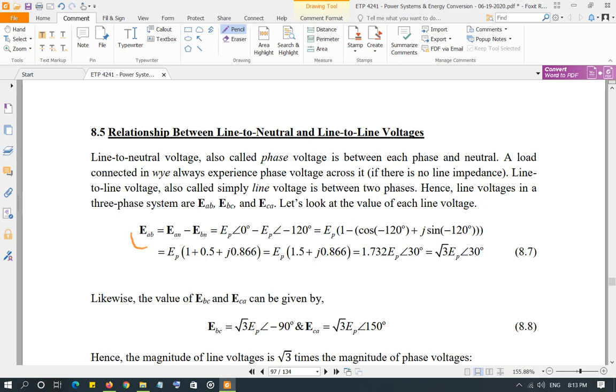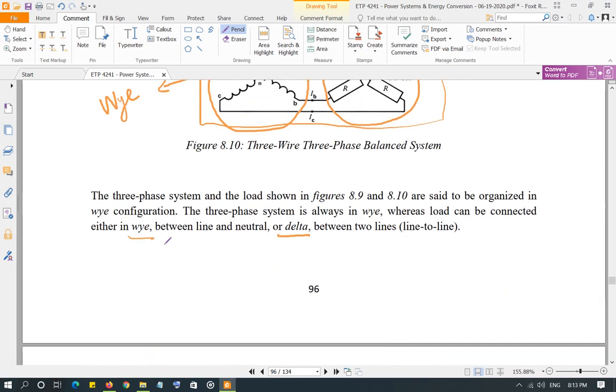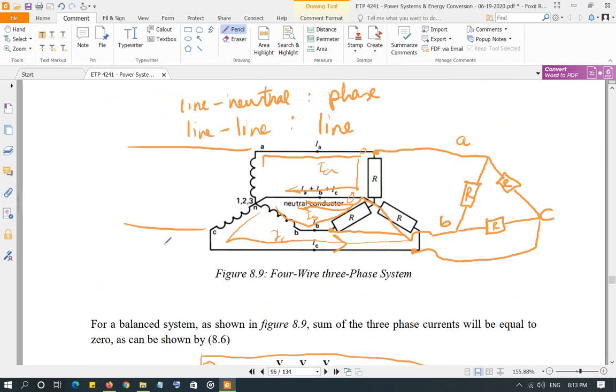So let's just take an example of lines A and B. So the voltage between lines A and B. Let me just draw this as it's getting messy.